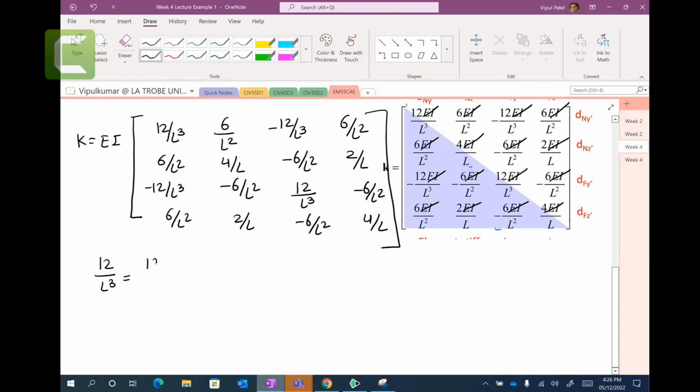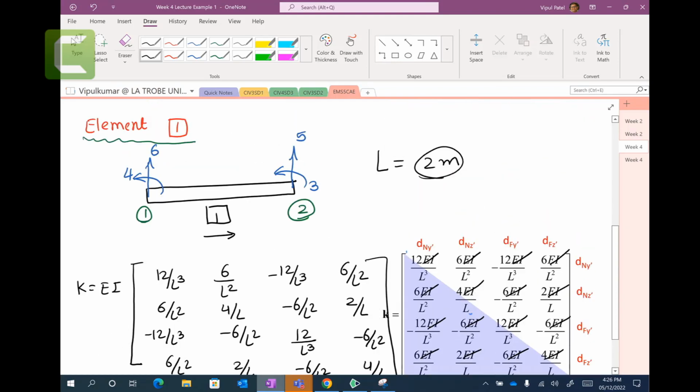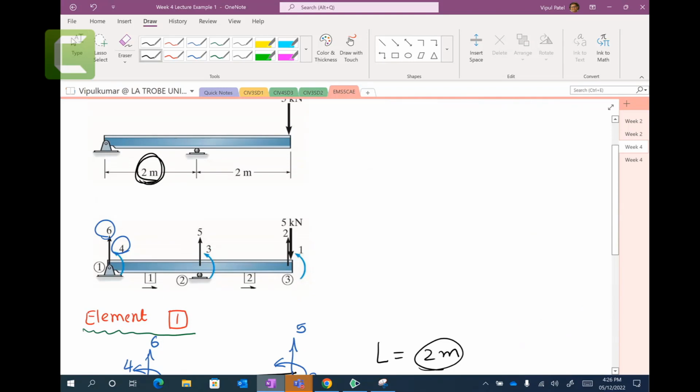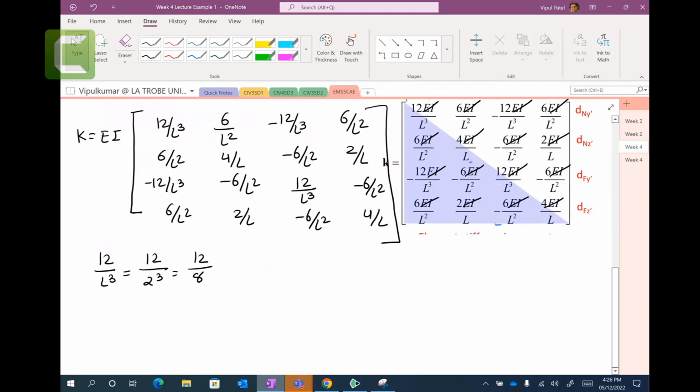So if you are with me, then there are some common things. 12 on L cubed. So 12 on 2 cubed is 12 on 8. Where is 2 coming from? This is the length of element 1, which is 2 meters. So I substitute that. 12 on 8, let me use my calculator here. 12 divided by 8 gives me 1.5.